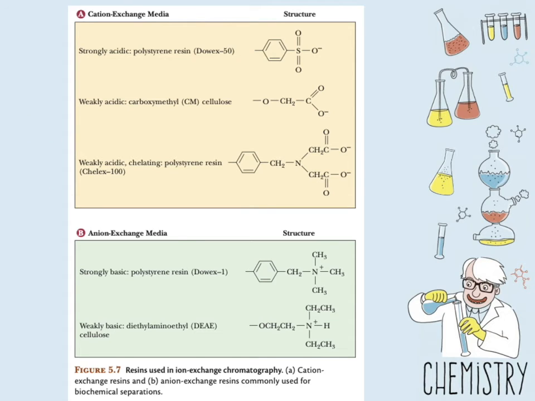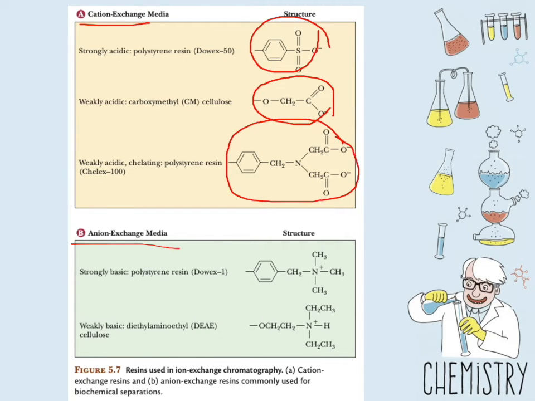Next, the ion exchanger can be of two types: the cation exchanger and the anion exchanger. As you can see here, there is a good representation of that. The cation exchanger has a negative charge in its structure and attracts positively charged cations.